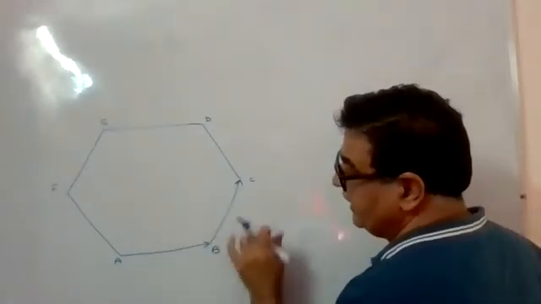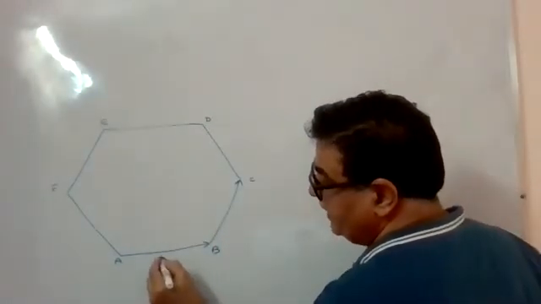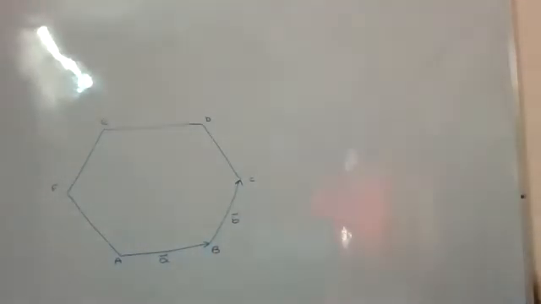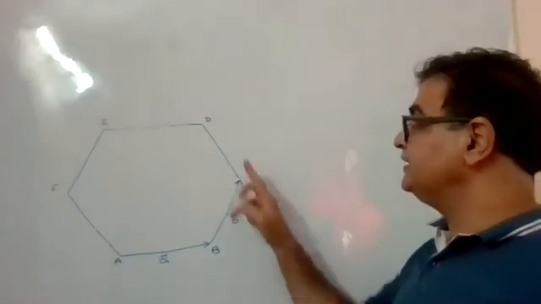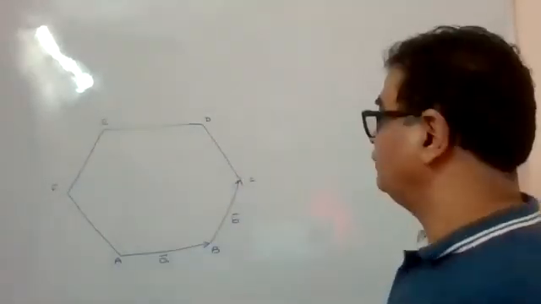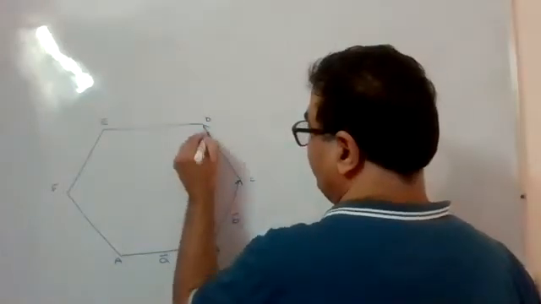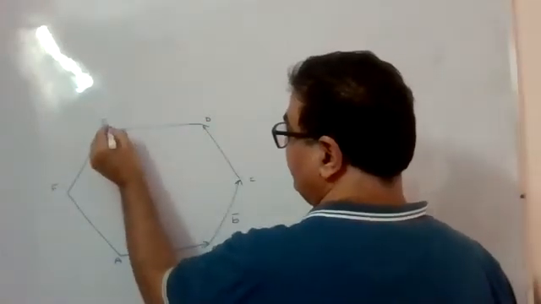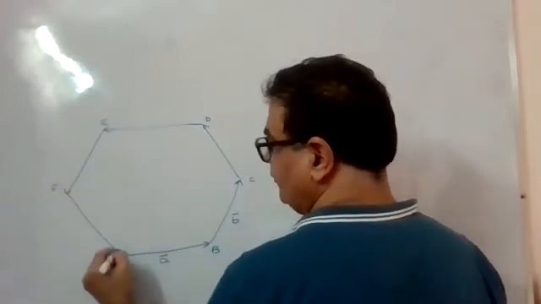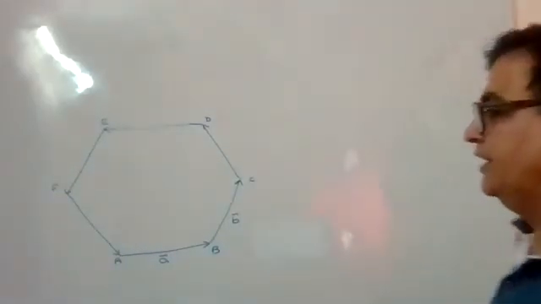The two adjacent sides of a regular hexagon are given by the A vector and the B vector. Then my question is, what is the CD vector? You should find out. What is the DE vector, you have to find out. We have to go in the same order. That is, you should calculate the CD vector, DE you should calculate, EF you should calculate and FA you should calculate.